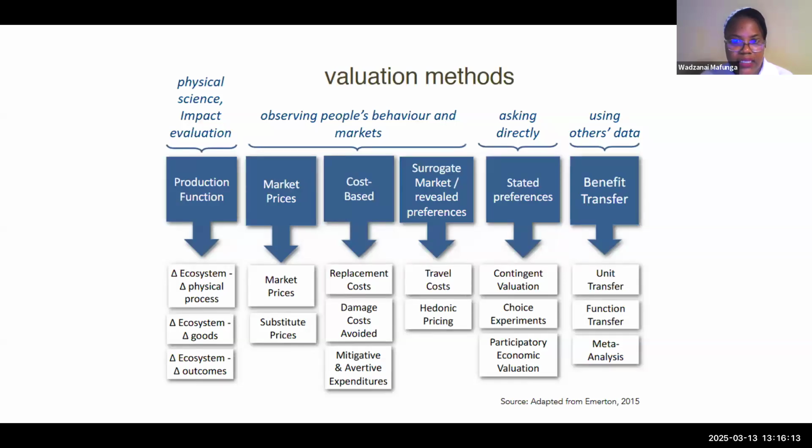And then lastly, under this category, we've got revealed preferences, where we have travel costs and hedonic prices. With travel costs, we are estimating the economic value of an ecosystem based on how much people spend to visit.